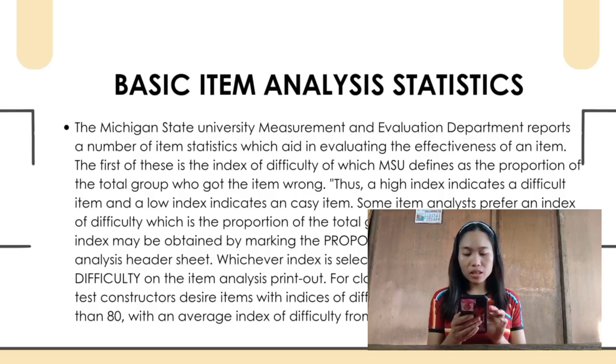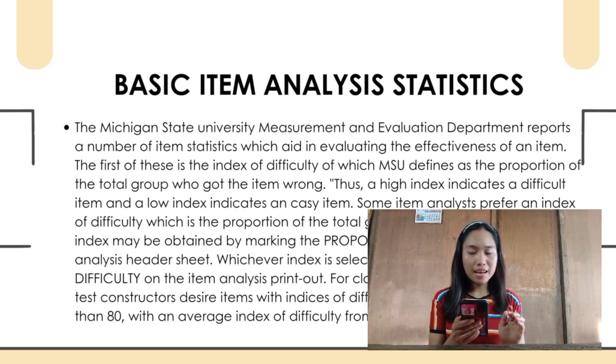This index may be obtained by marking the proportion right option on the item analysis header sheet. So whichever index is selected is shown as the index of difficulty on the item analysis printout.